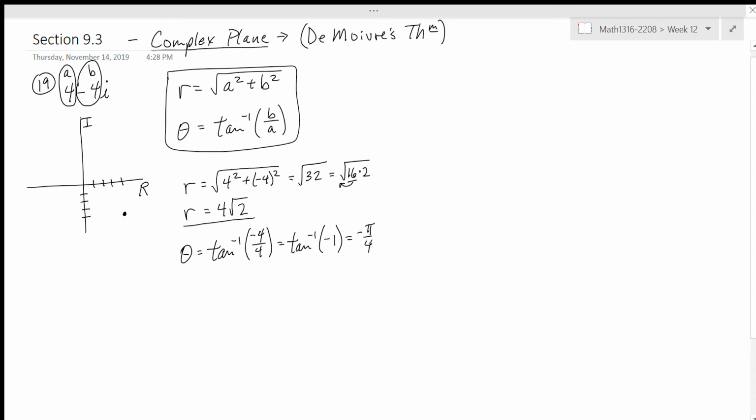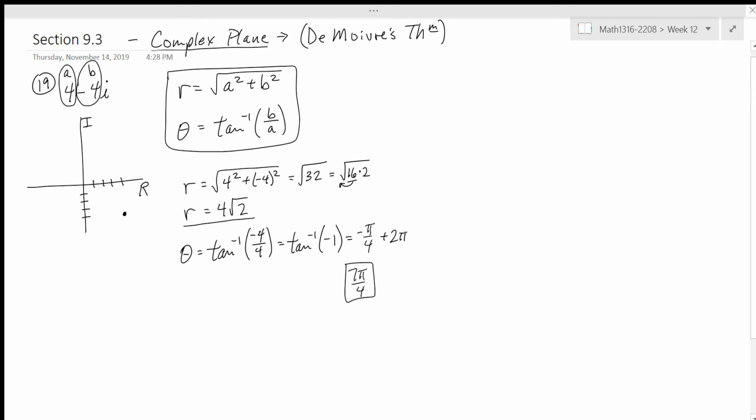And if you remember from last time, I don't really like negative angles. I'd rather it be positive. So can y'all give me the positive equivalent to negative pi over 4? 7 pi over 4. Does everybody see how I get that? Add 360. Yeah. Right?